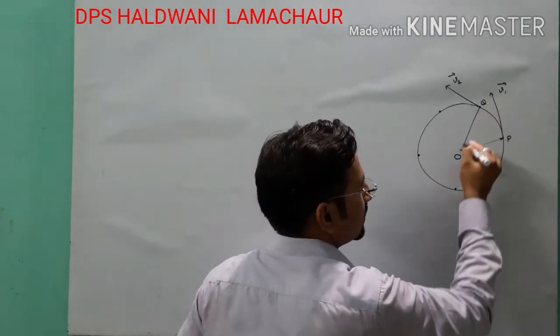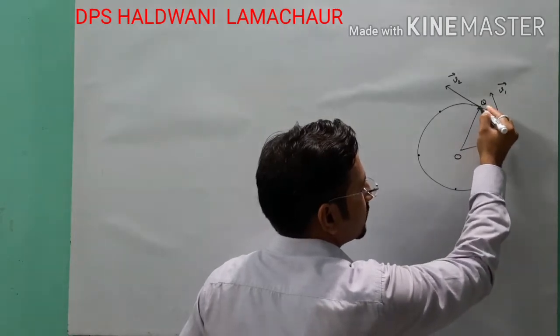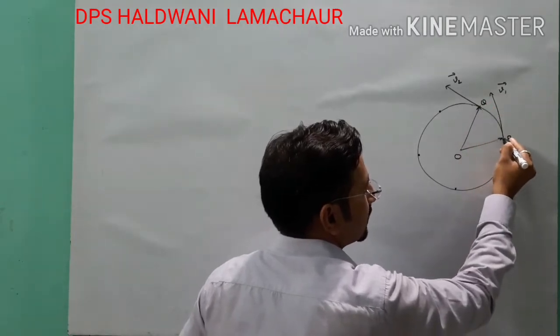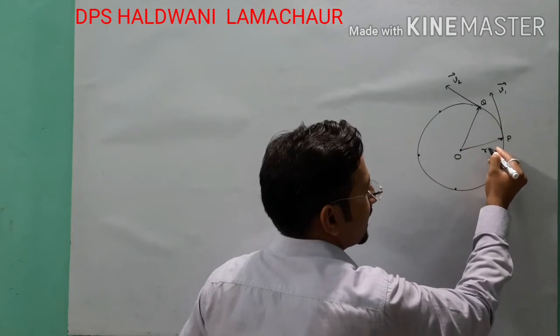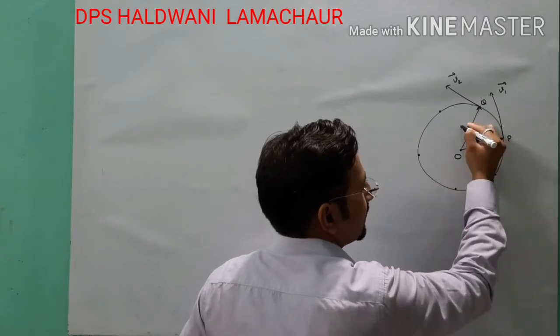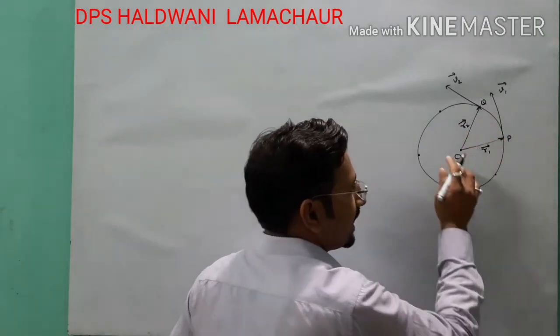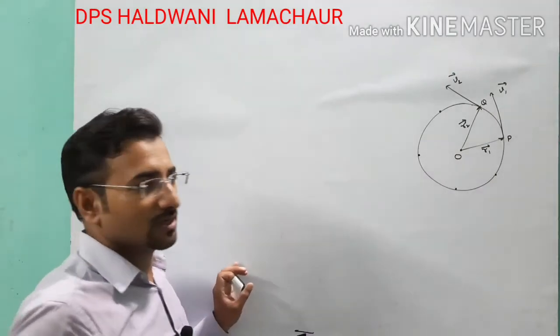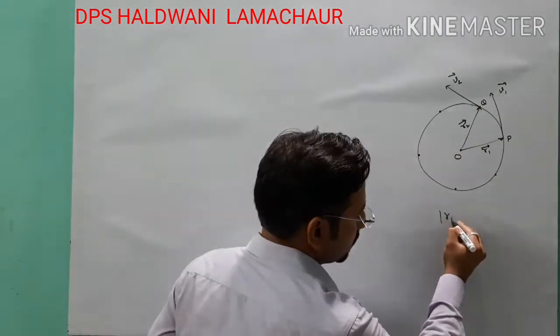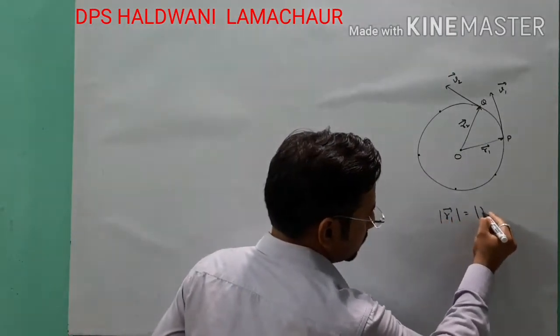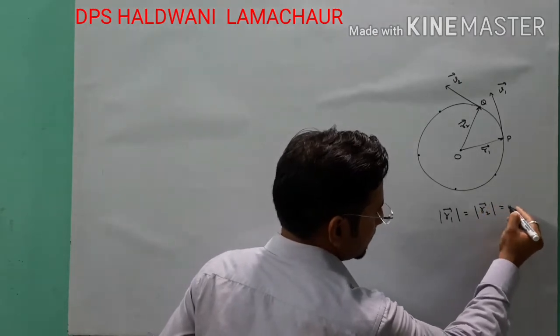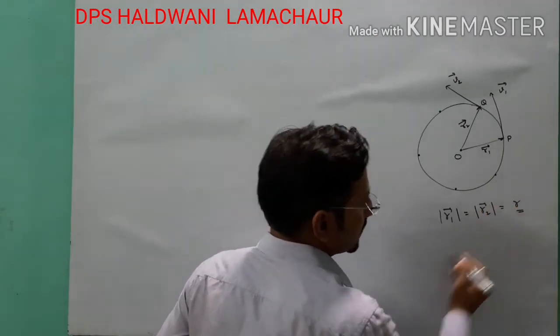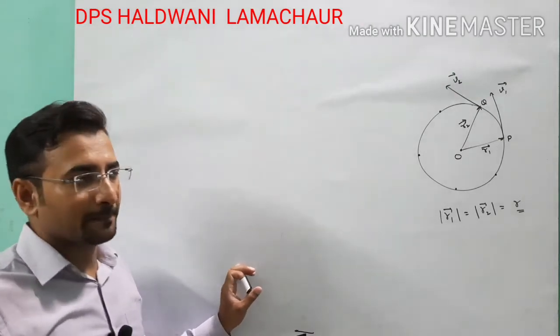or you can say the location of the points P and Q, is written in vector form as vector r1 and vector r2. As you know that the motion is circular, the magnitude of r1 and the magnitude of r2 remain equal, which is equal to the radius of the circle.